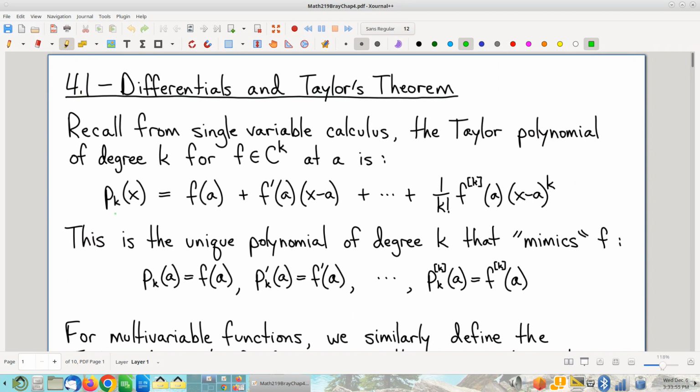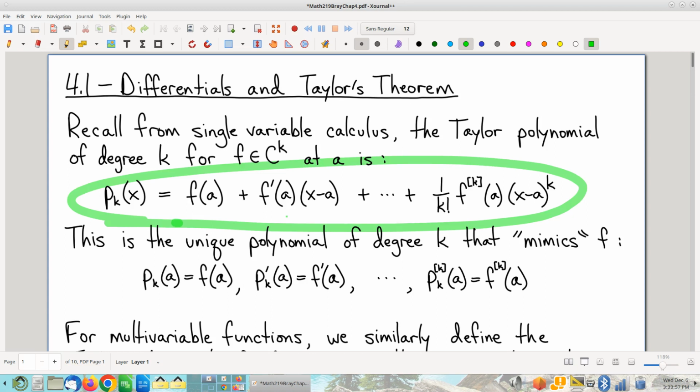Here's the general formula that I'm sure y'all recognize. But just a reminder, a perspective on why we would ever care about such a weird-looking construction is that this is the unique polynomial of degree k that agrees with f at the point a in terms of value, in terms of derivative, in terms of second derivative, third derivative, fourth derivative, et cetera, all the way out to the kth derivative.